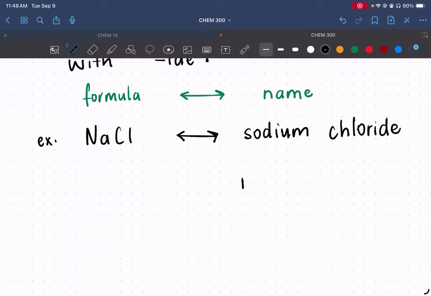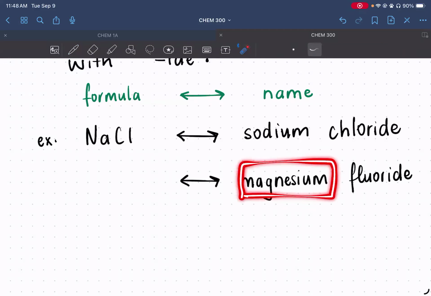What if I had given you the name instead? What if I started you with magnesium fluoride? All right, the same approach, but in the opposite direction. On the left is the cation. It's written first, the metal.